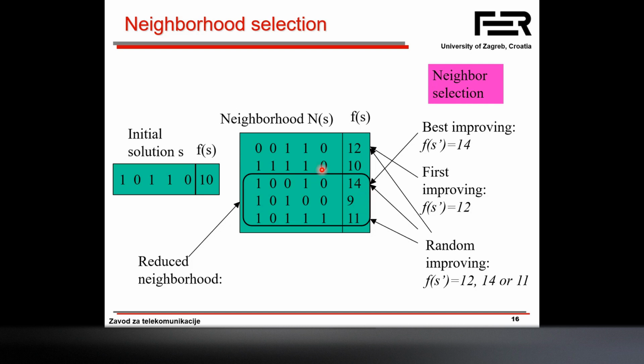Or let's say that we generated only a reduced neighborhood, and out of this reduced neighborhood, again, we either take the best improving solution, which would be this one over here, or we randomly pick one of the better solutions. So that would be either this 14 or 11 over here. So this would be the best or random. Okay, so this was just a simple illustration of this neighborhood selection strategy. Any questions?